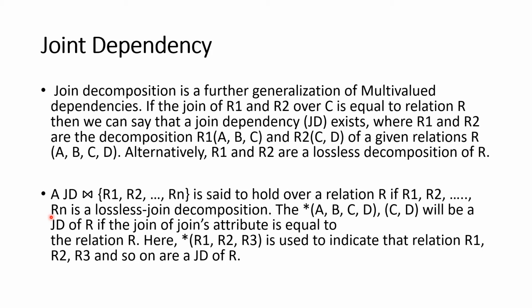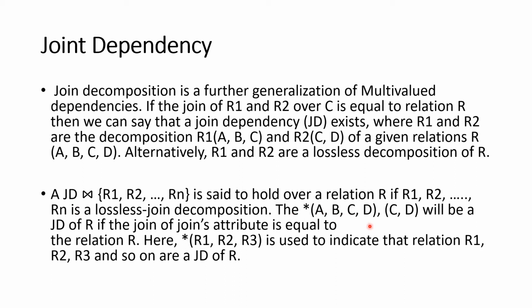So how is this a join dependency? It is when the join of R1, R2, up to Rn is said to hold over a relation R if R1, R2, up to Rn is a lossless join decomposition.